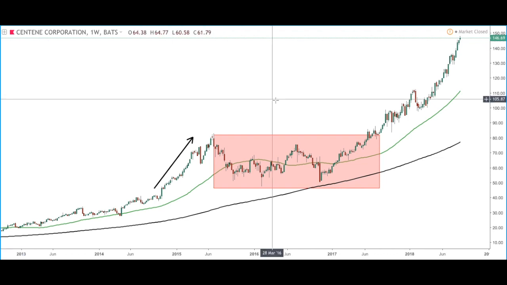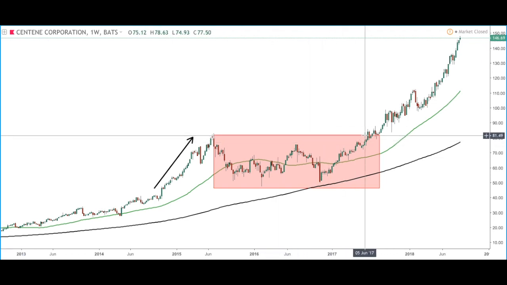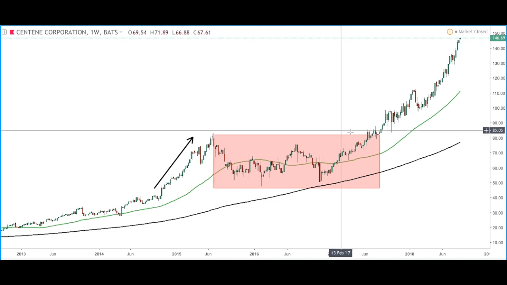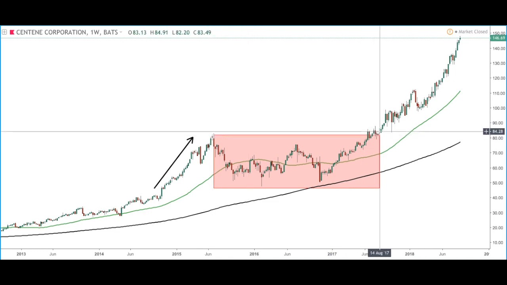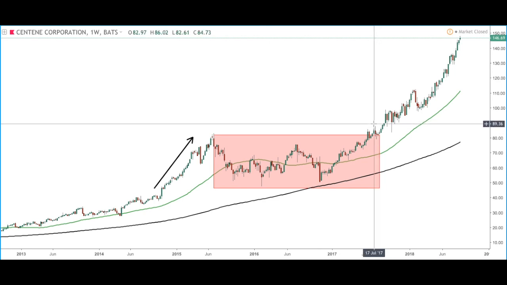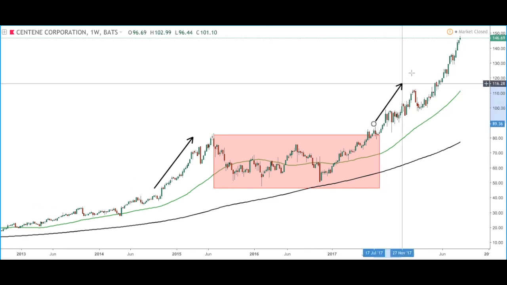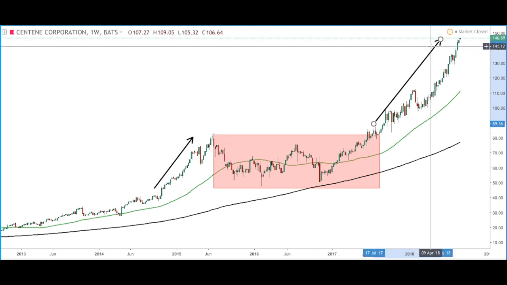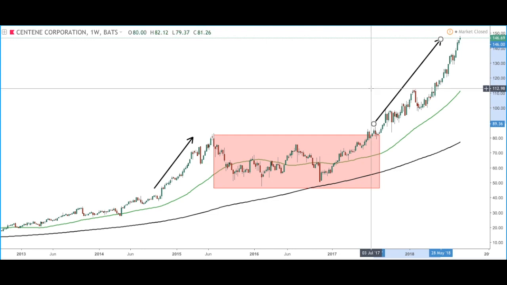Looking beyond this area of consolidation, price finally broke above this recent pivot high, retested, found support, and then what happened? We formed a new trend to the upside, and like I just mentioned not too long ago, if you're not buying at a base, you're probably buying at the wrong place, and this is a perfect example of that.